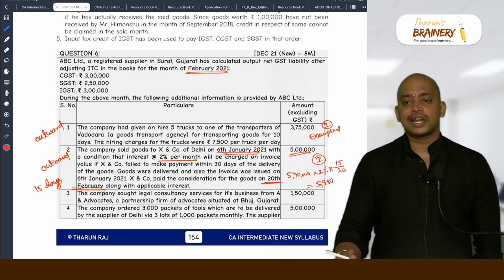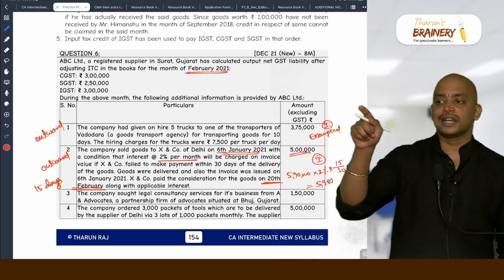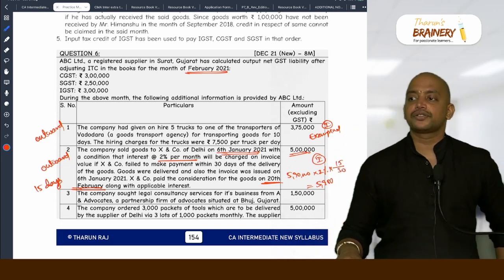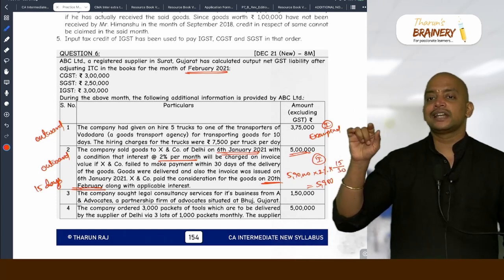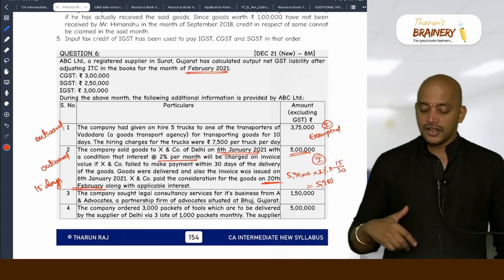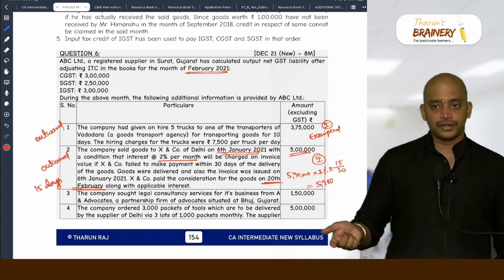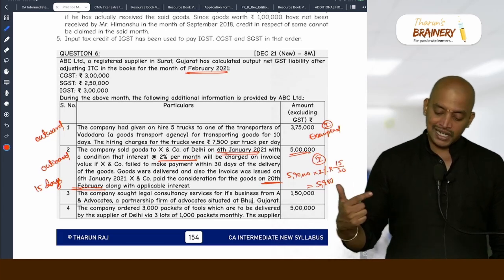In this 5,900, what is the tax component? 900 is the tax component. 5,000 is the interest component. Okay. For this, we need to give a debit note. Accordingly, we need to put it in the liability.